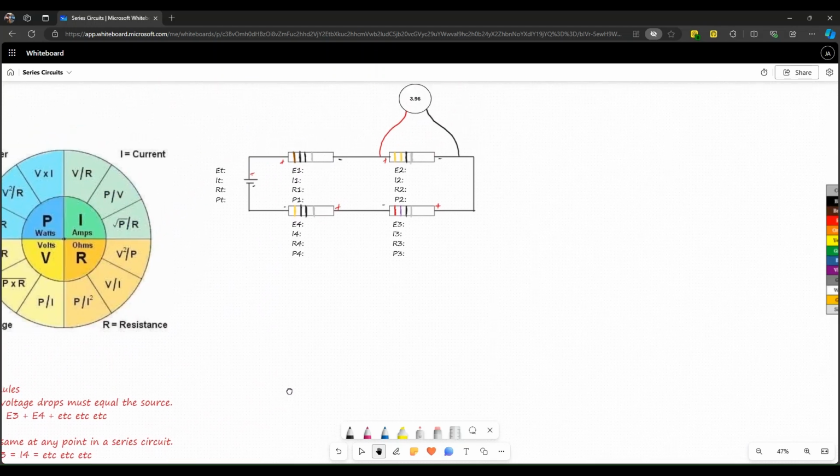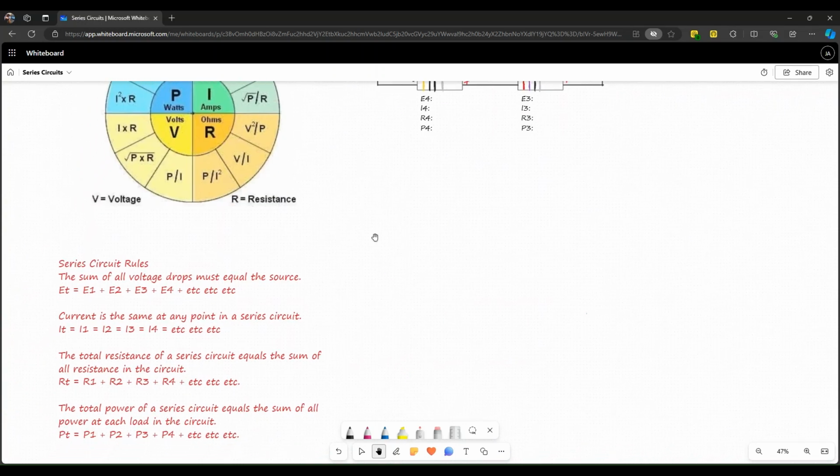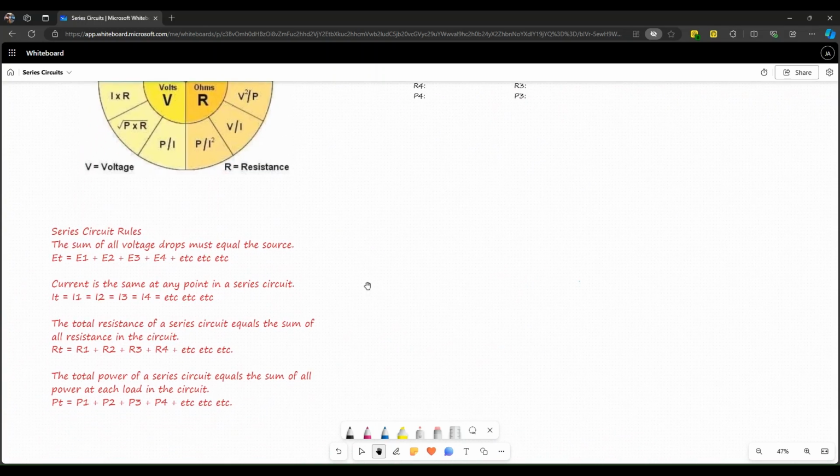So in this series circuit, the total voltage is going to equal the voltage at all 4 points added up together. Next rule I have is current is the same at any point in a series circuit.